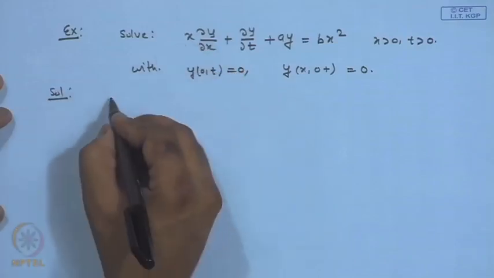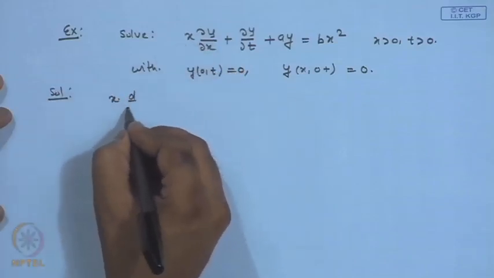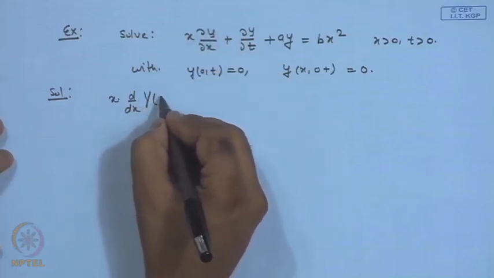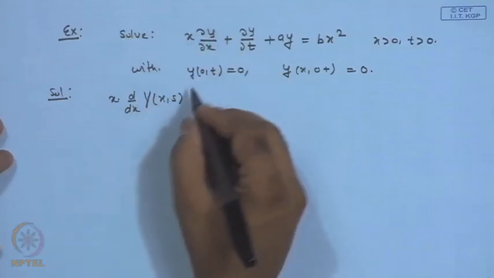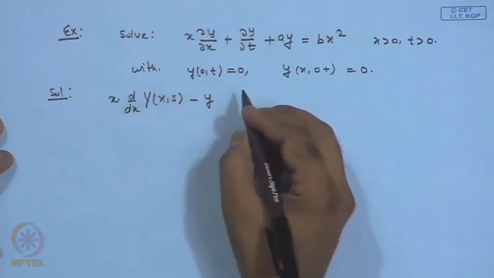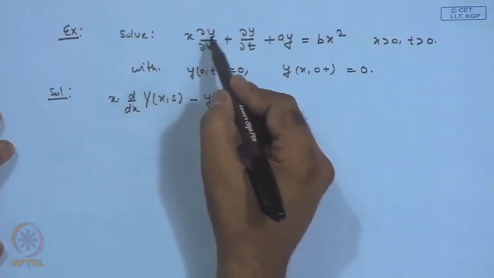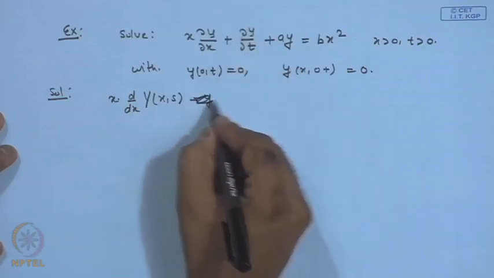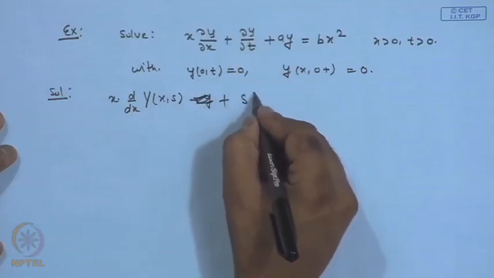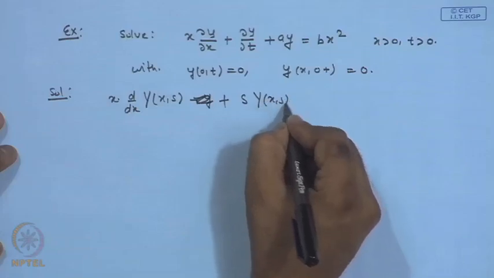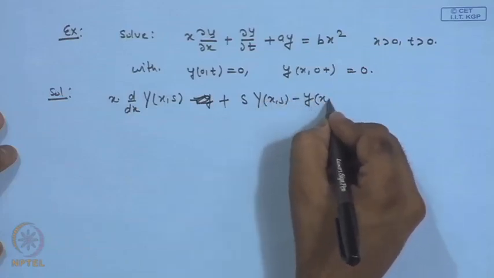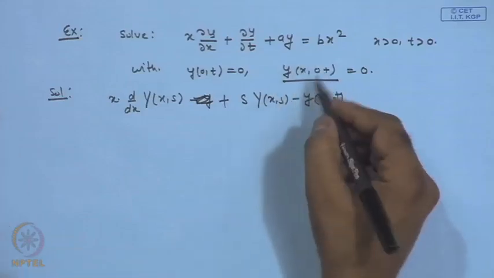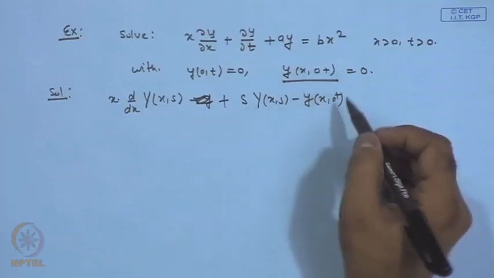Take the Laplace transform. So, we have x d over dx of the Laplace transform of y, that is y(x,s). Then del y over del t: we have plus s y(x,s) minus y(x,0 plus), because here the initial condition is given at 0 plus.